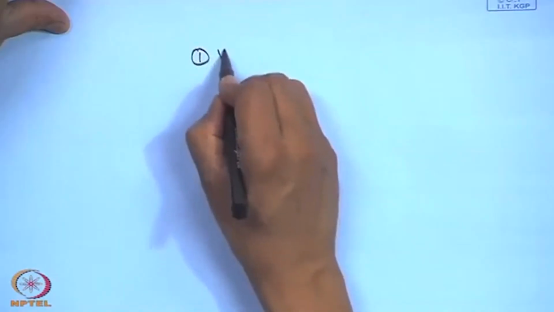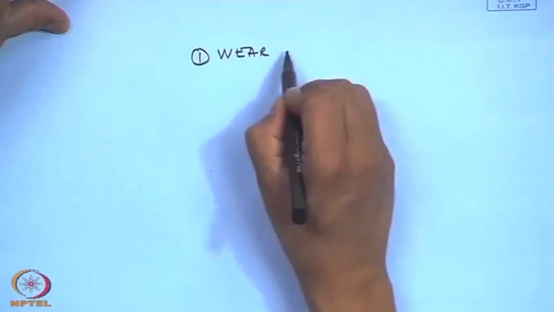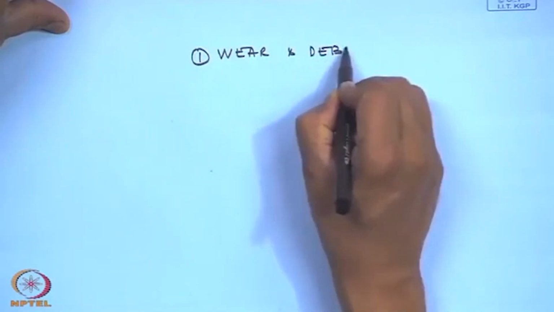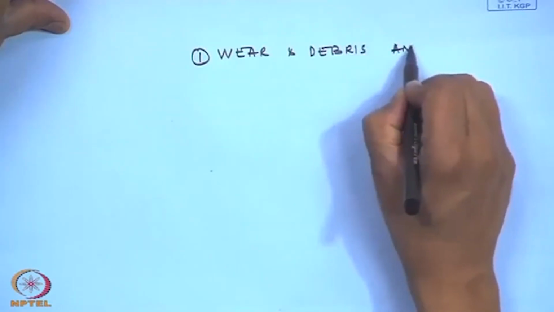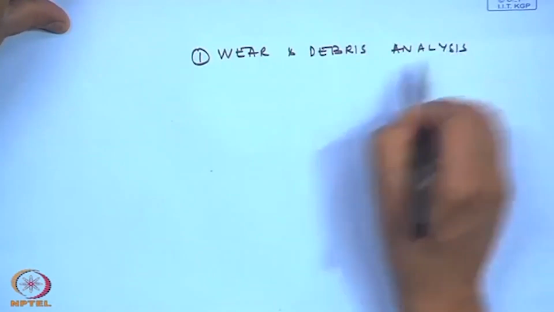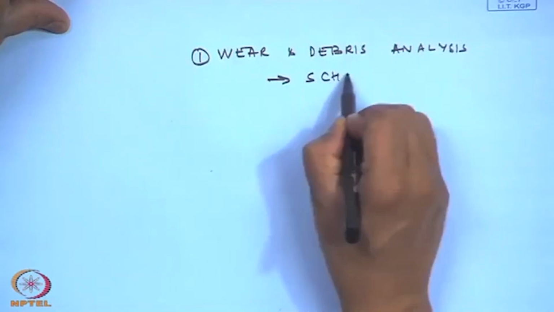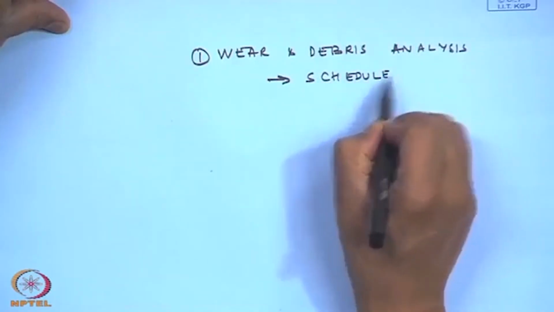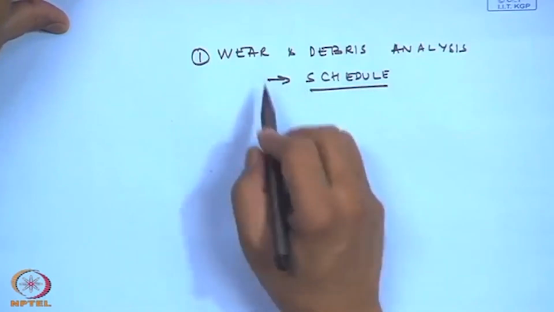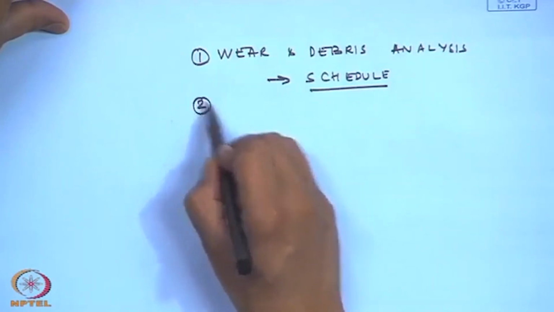Now, we know about this wear debris analysis in gearboxes, and all these oils can be used to find out the particles in them, and the normal wear debris analysis routines can be followed, and there is a particular schedule which has to be followed, so that the gear oil analysis along with the wear debris is done.